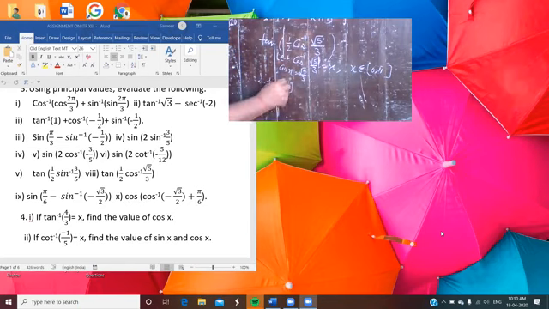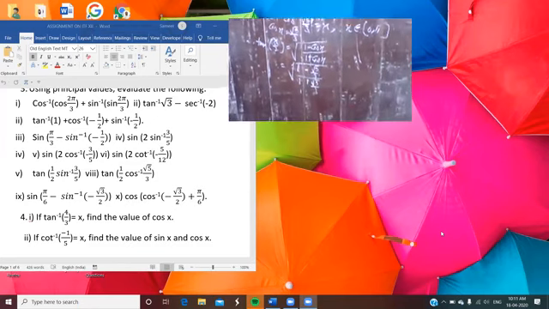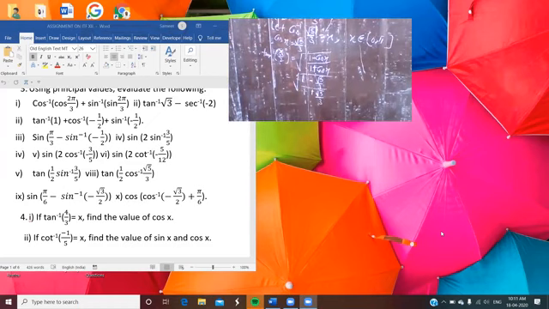Now applying the same identity, under root 1 minus cos x upon 1 plus cos x. Putting its value, that is equal to under root 1 minus root 5 upon 3 whole divided by 1 plus root 5 upon 3, and simplifying it. Now taking LCM.